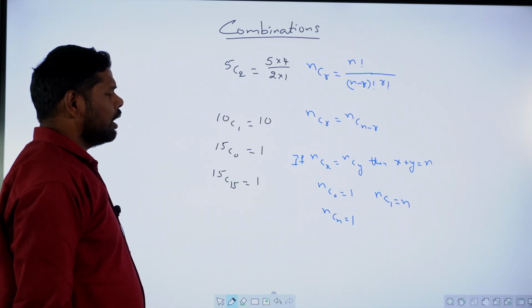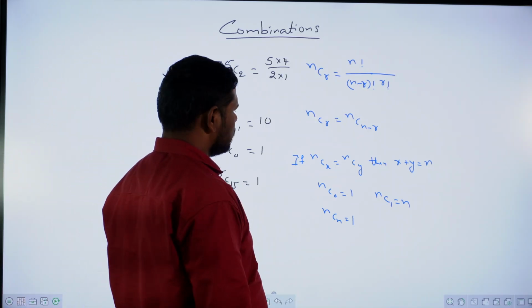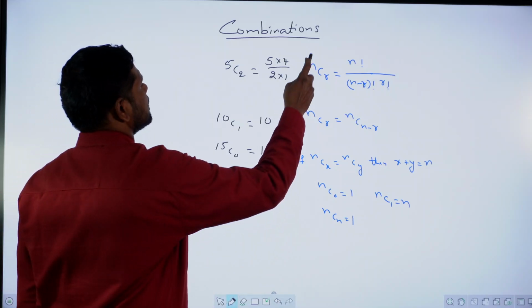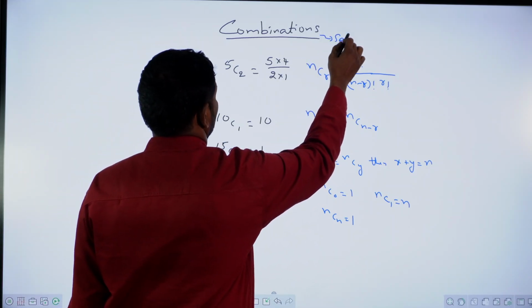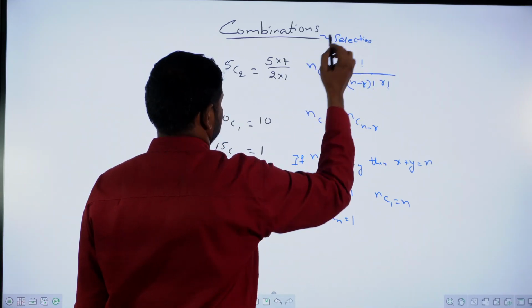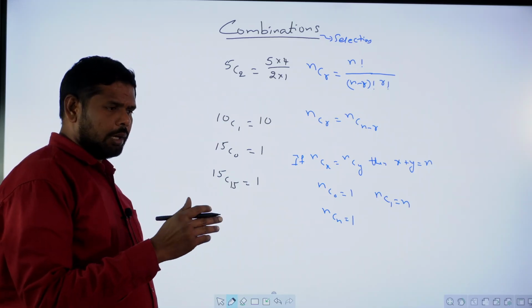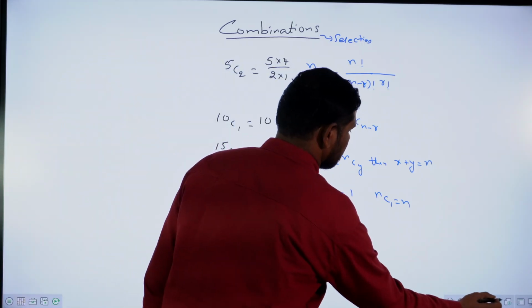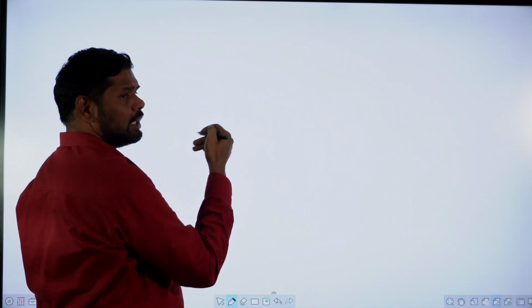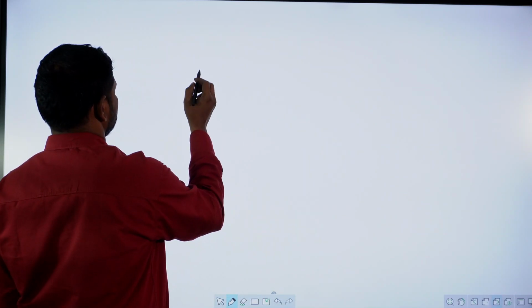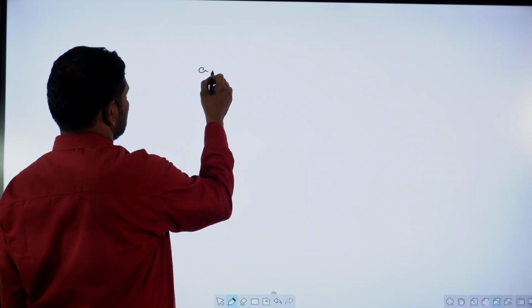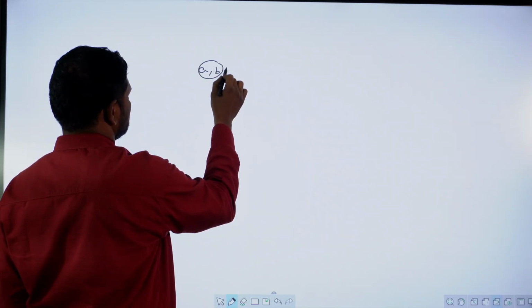Now, how we are going to find different combinations is nothing but selections. Permutations is nothing but arrangements, but combinations is nothing but selection. We choose some out of the given cases. Suppose, for example, A and B, two persons are there.